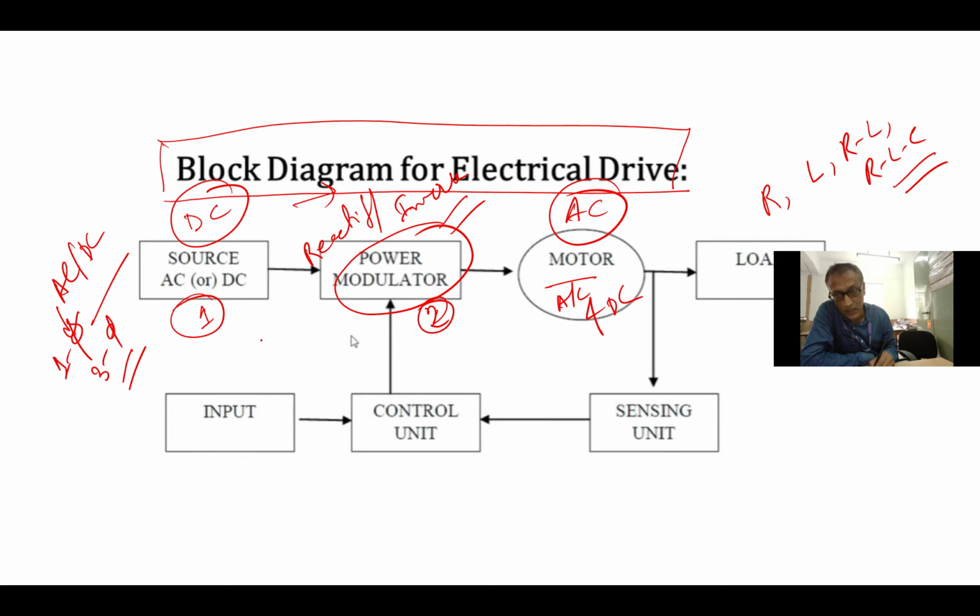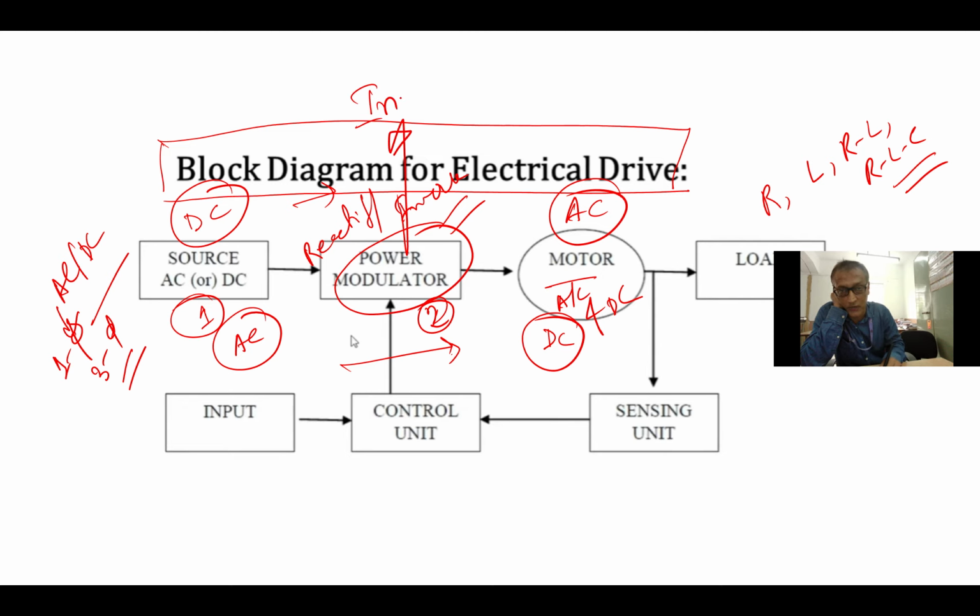In the reverse case, when you have AC and DC, you have to use an inverter for that. So in this block you have to involve the rectifier and inverter.